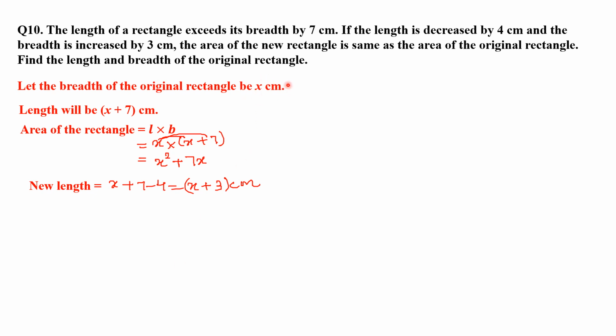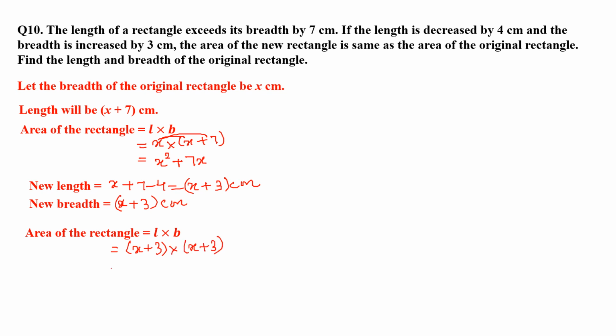Initially the breadth was x. Now it is increased by 3. So it will be x plus 3. You can see here length and breadth are both the same. So it is like a square, isn't it? A square is a special type of rectangle only, isn't it? So now the area of the rectangle is length into breadth, which is x plus 3 into x plus 3.